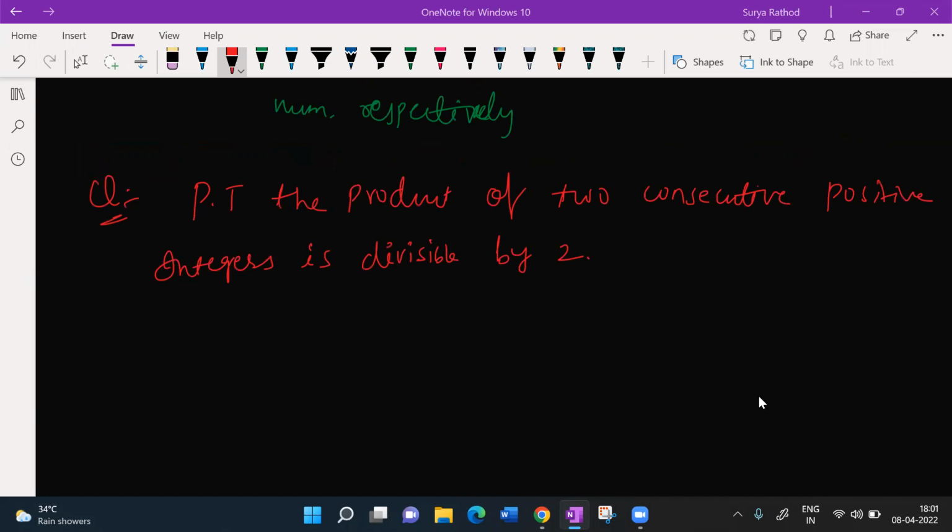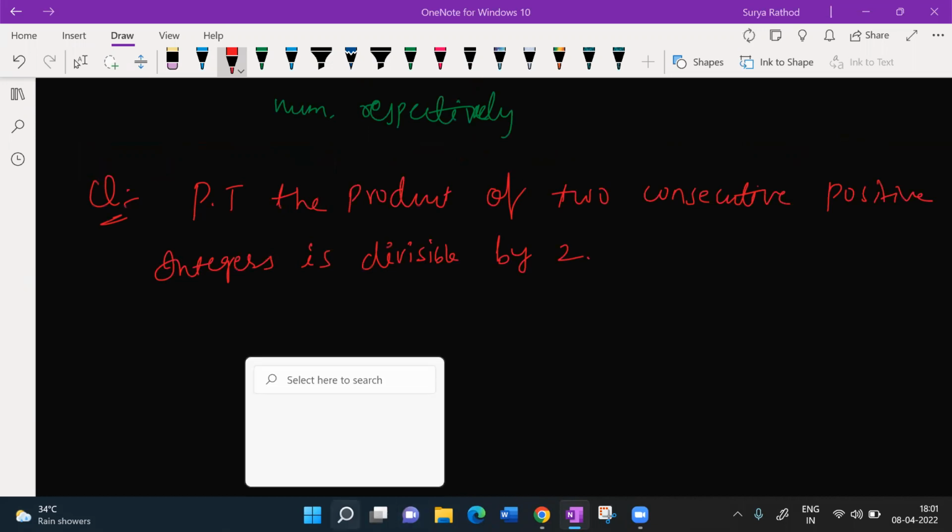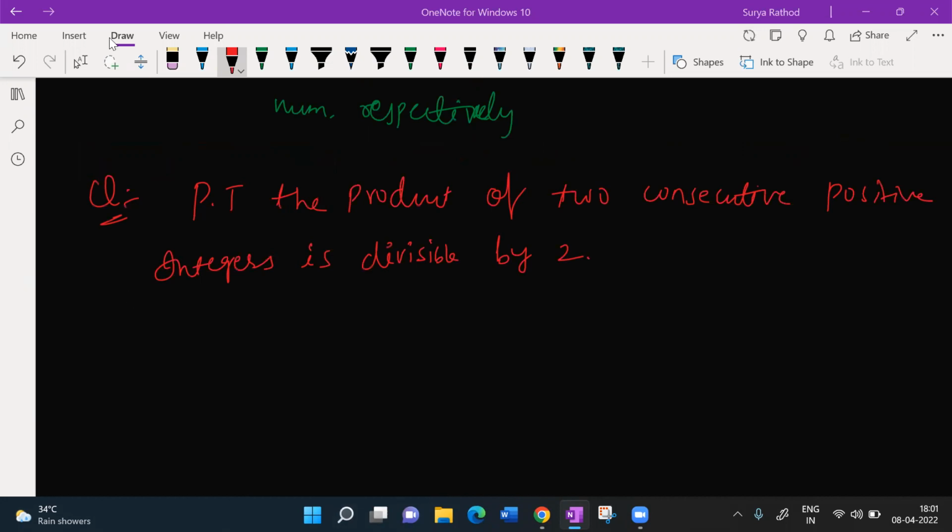Are you guys able to understand? Yes, sir. Prove that the product of two consecutive positive integers is divisible by 2. For suppose 1 and 2 you take. 1 and 2 are consecutive positive integers. The product is 2, and 2 is divisible by 2. That's it. Like that, you have to prove.